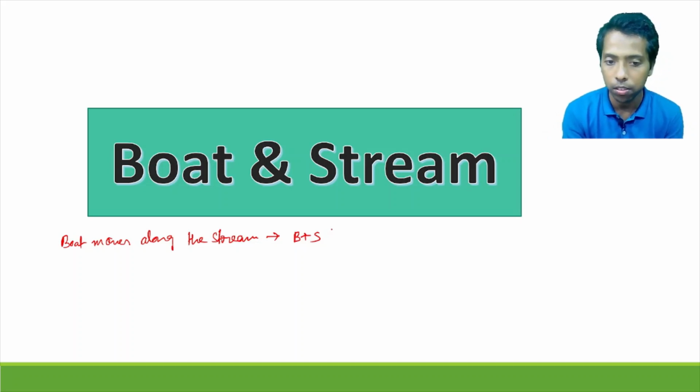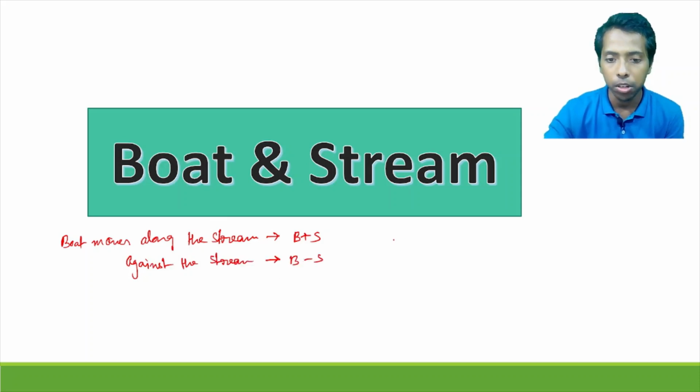We will use this form. Just remember this in the similar manner, that speed of boat is b and speed of stream is s, right? And if the boat moves against the stream, that is b minus s.